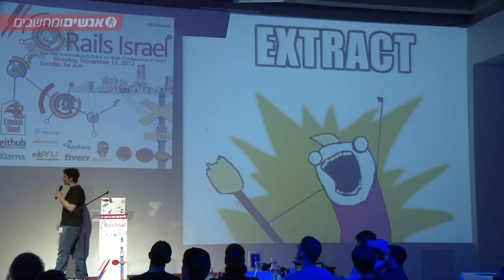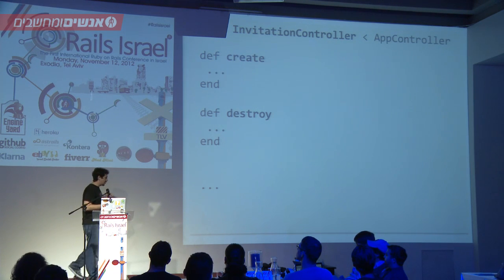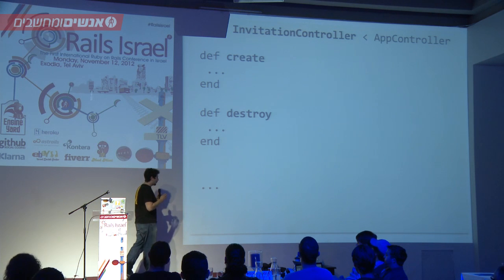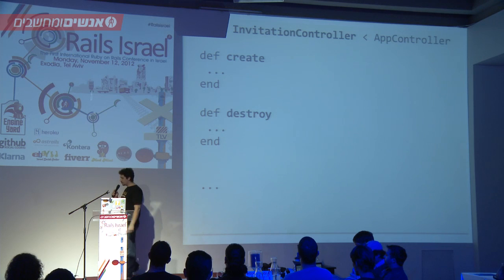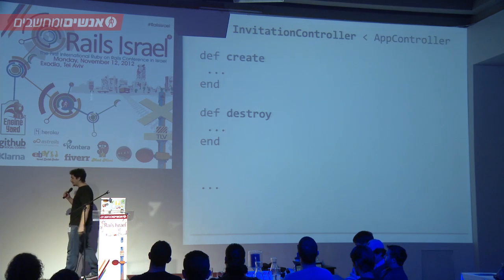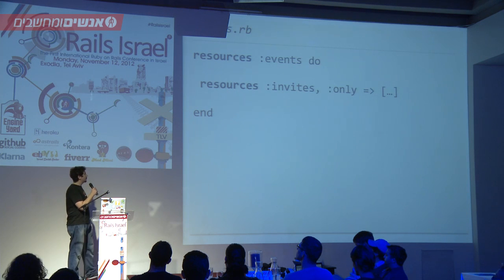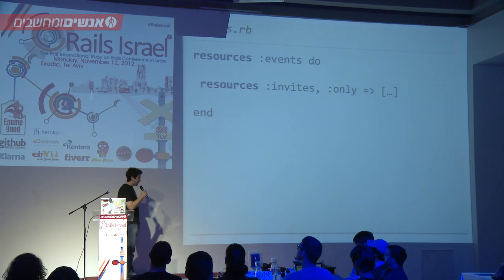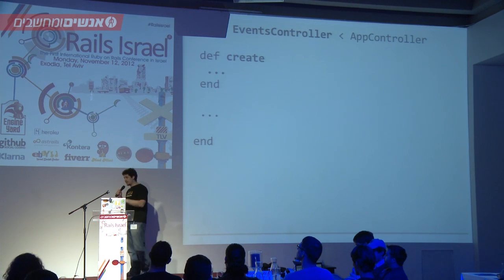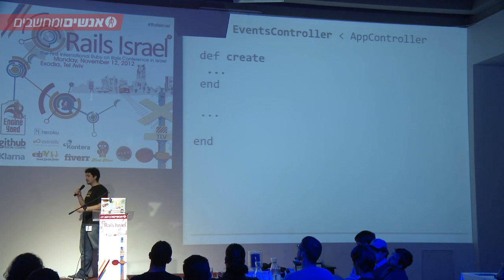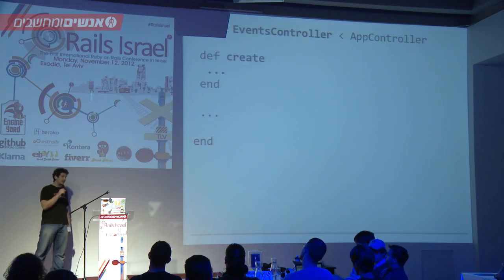So let's extract them. We can easily move these functions into a nested controller and actually use how Rails works to create invites easily out of the event itself. Our routes will look amazing because we only define a nested controller, and that's really simple. And our code looks amazing because, again, the events controller doesn't know about invites and doesn't have to care about it.